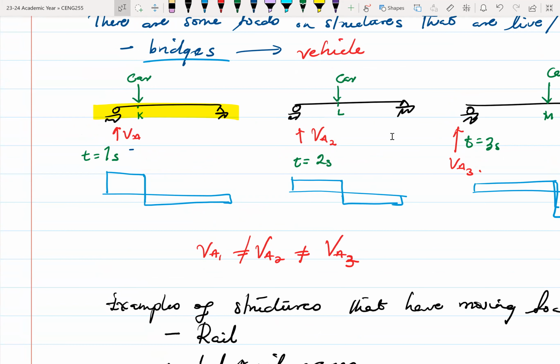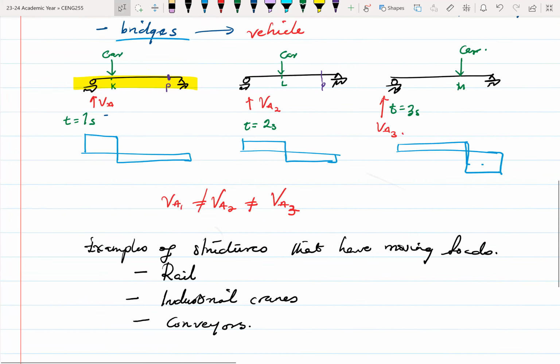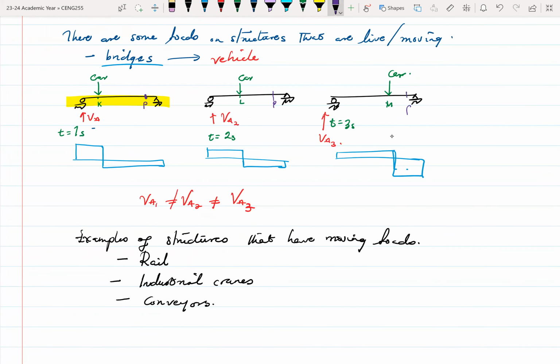Okay, so this should be fine. All right. So let me call a point here, point P. So there's a point here, point P, and point P will remain point P in space. All right.